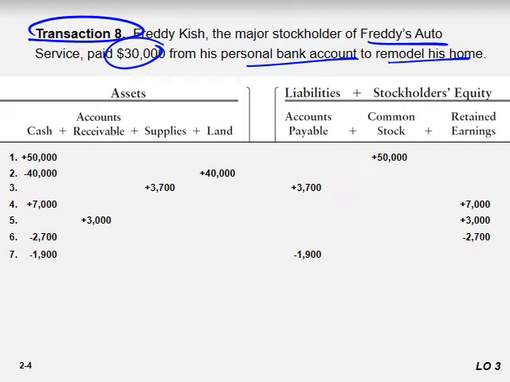Business name is Friday's Auto Service Incorporation. But the owner constructed his house and used his own personal account, not the business account. So this transaction has no effect on the accounting equation.